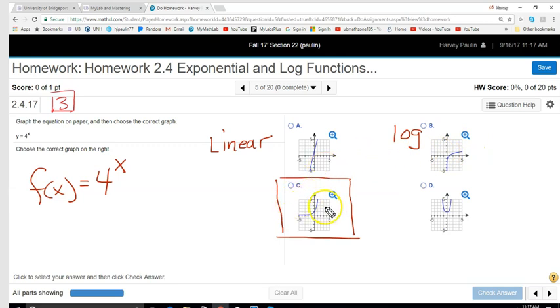But where this is the exponential form, this would be the logarithmic form. And does anyone know the name of this type of graph as we see in letter D? And you could put some notes down here if you want to sketch them all. This is a parabola. Okay, let's go on.